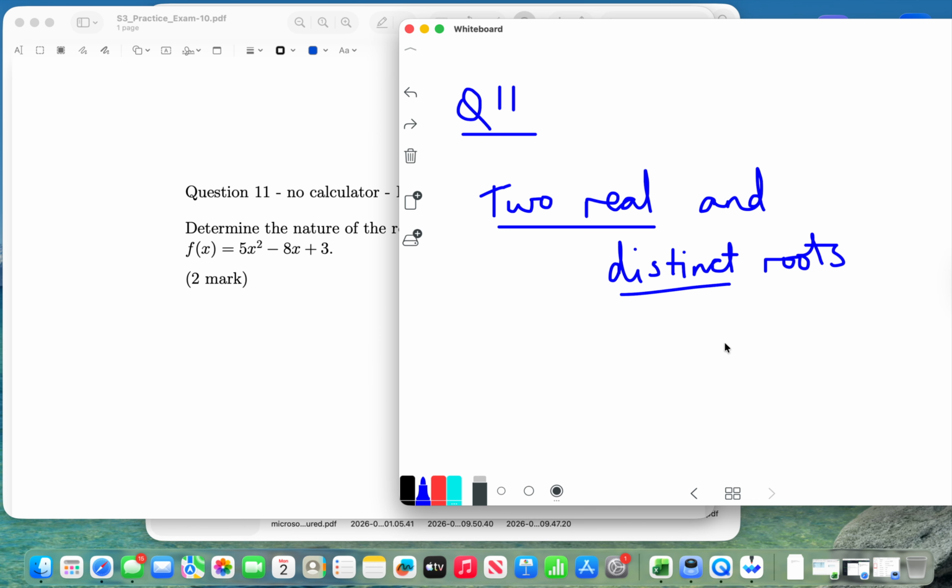Because the positive and the negative of the square root will give you two different roots. Once you do the minus b plus or minus, you'll get two distinct solutions.